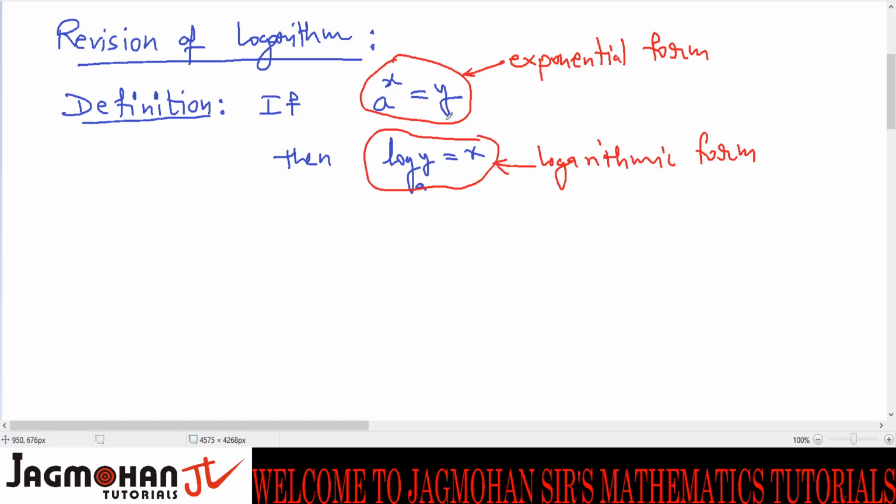So from exponential form we can write logarithmic form as this. If a raised to x is y, then log of y to the base a is equal to x. The base is a.